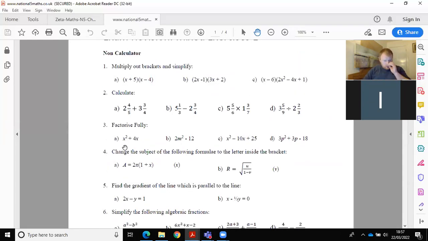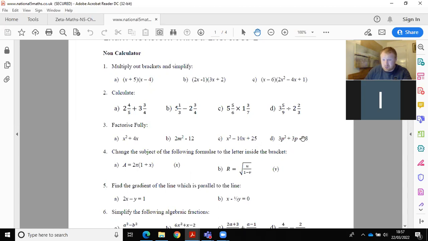I asked you, you might not have got this far, but I asked you to look at 3 and 4 as well, so let's have a wee think about it. A, it's quite easy, should just be taking out the common factor. B, it doesn't really ask you much, but if you take out that common factor, I'll write it out, but it's not much there.